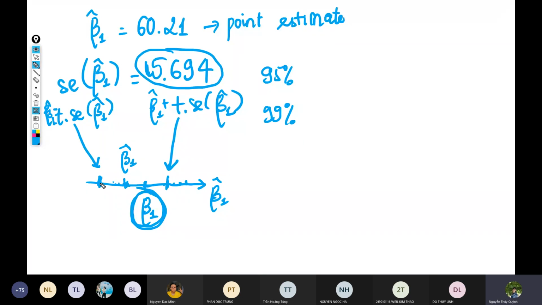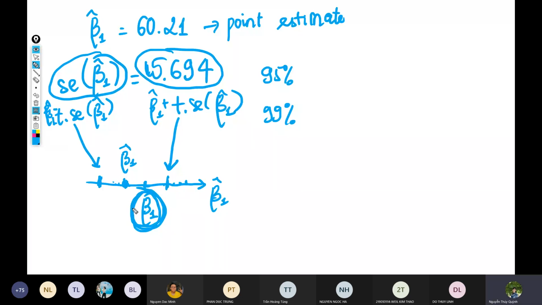So when we have a small standard error, we have a good point estimate of beta 1.